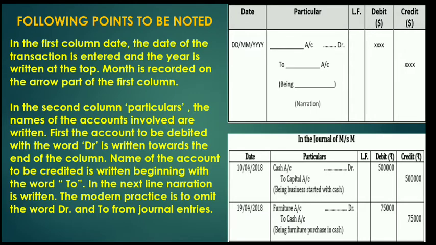So that is the reason why capital account is credited and cash account is debited. In the next line, narration is written, and in modern practice nowadays, the words DR and To are omitted from the journal entries. So nowadays DR is not written and To is also not written.